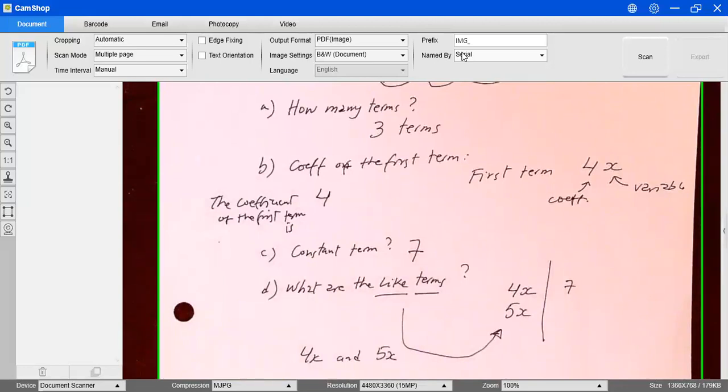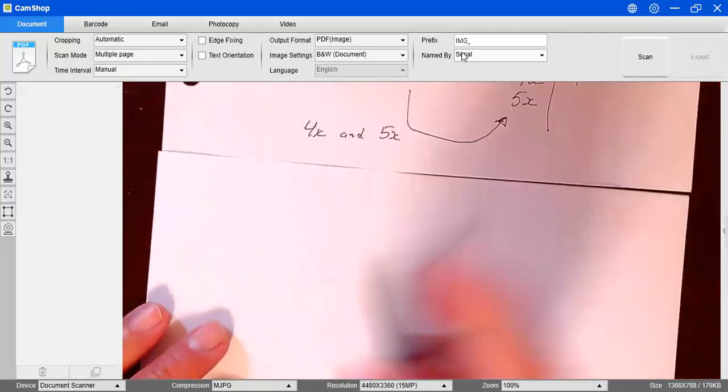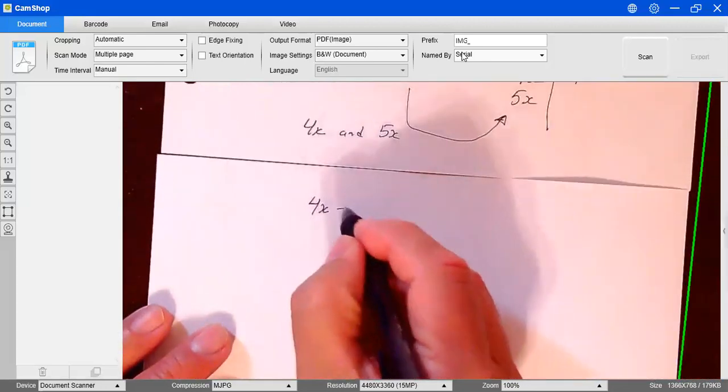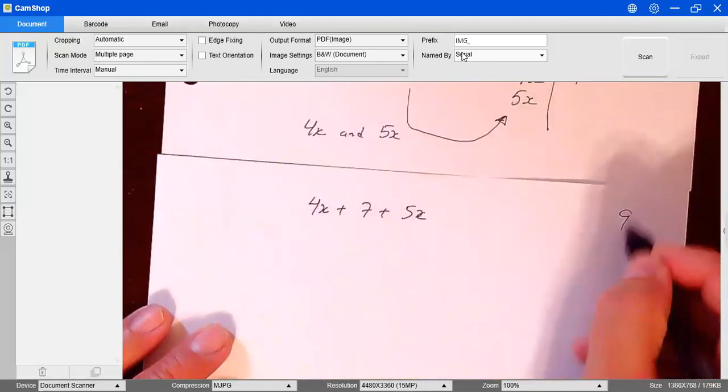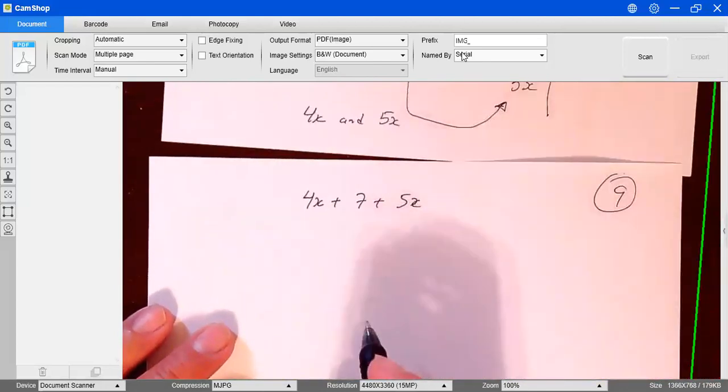Okay, so now we're going to talk about equivalent algebraic expressions using the same example. So let me use this 4x plus 7 plus 5x. This is my algebraic expression.